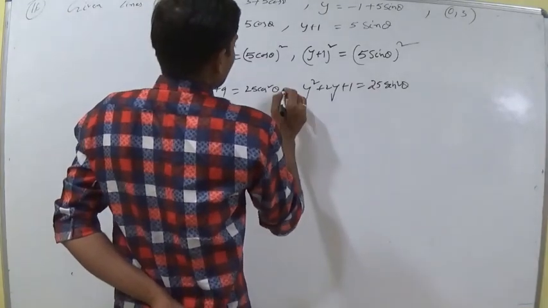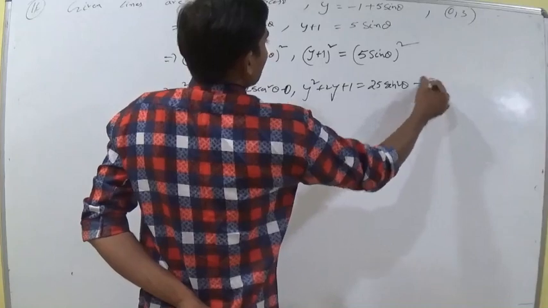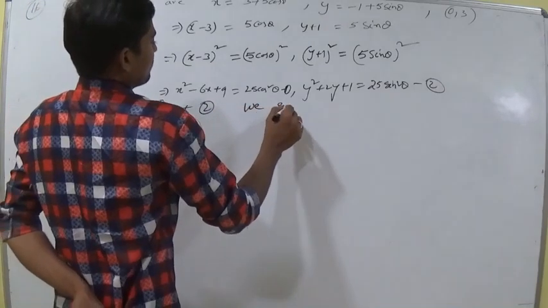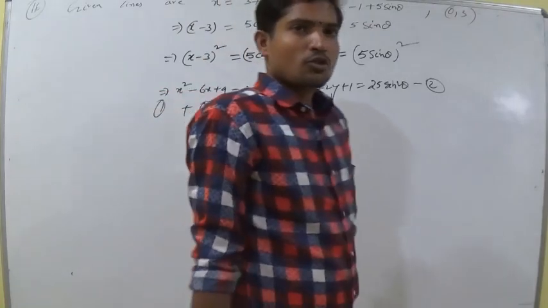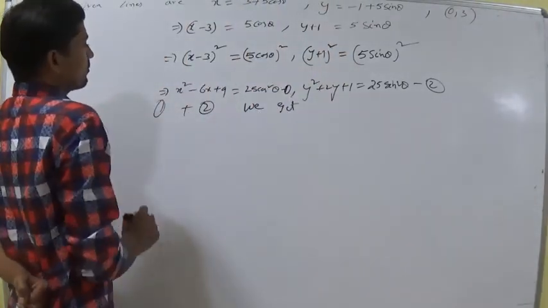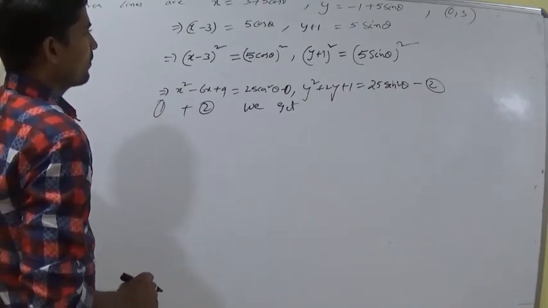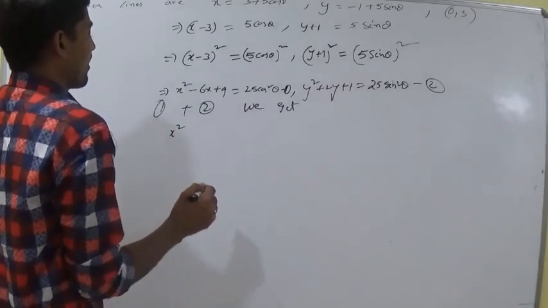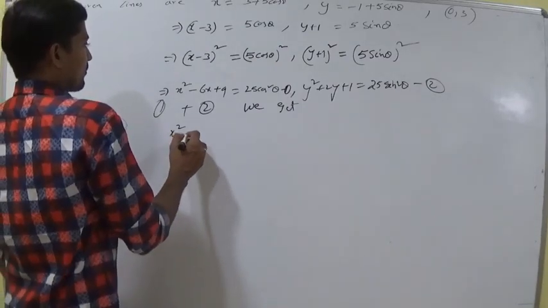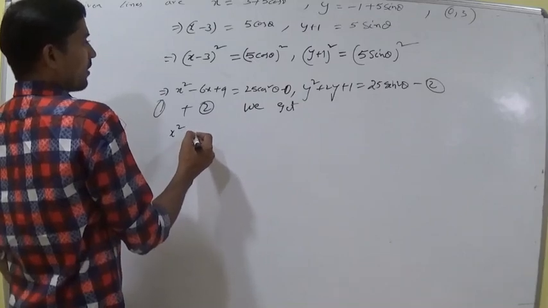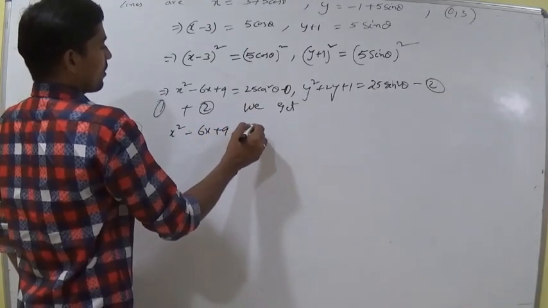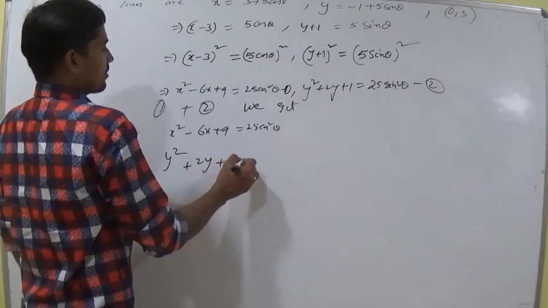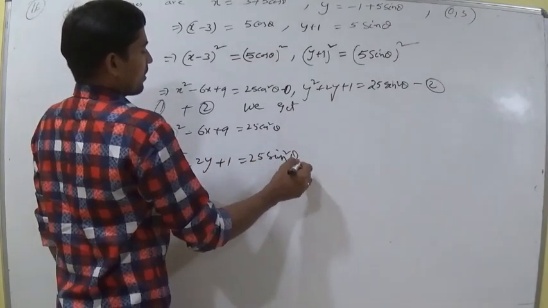Suppose this is 1 and then this is 2. 1 plus 2, we get x square minus 6x plus 9 equal to 25 cos square theta, y square plus 2y plus 1 is equal to 25 sin square theta.